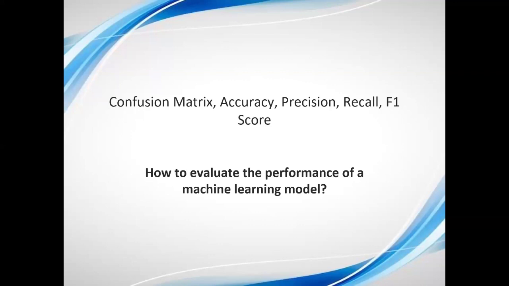But how to present the output, that was very essential. The output presentation completely depends on the confusion matrix, accuracy, precision, recall, and F1 score. So the entire performance measure depends on these metrics. So please listen carefully. After that, I'm entering into the demo.